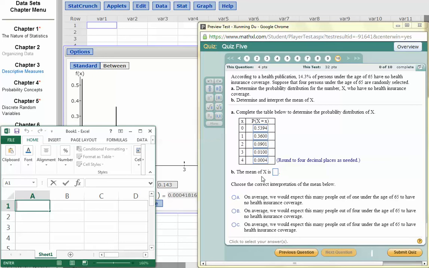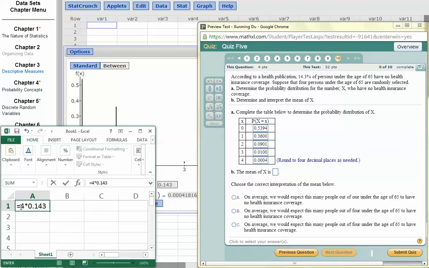It is n times p. What is n? n is 4, 4 persons. What is p? p is 0.143. If you hit enter, you then have the answer.